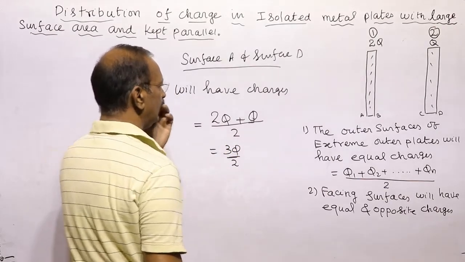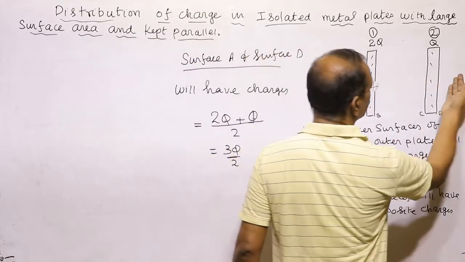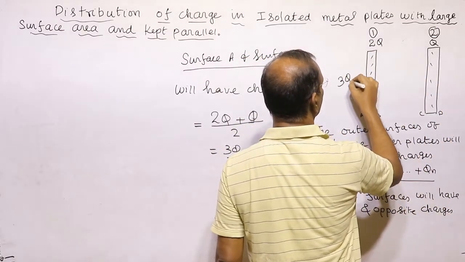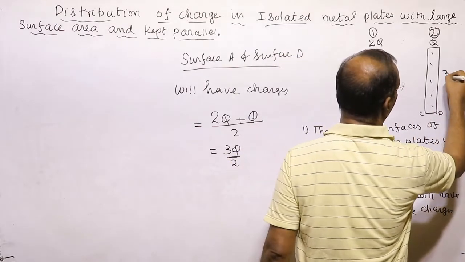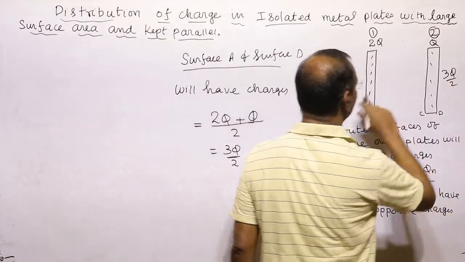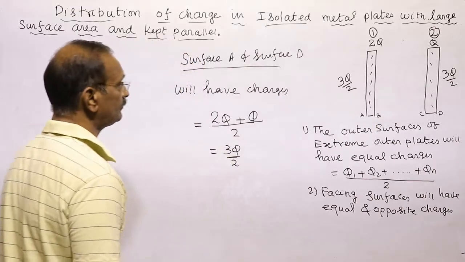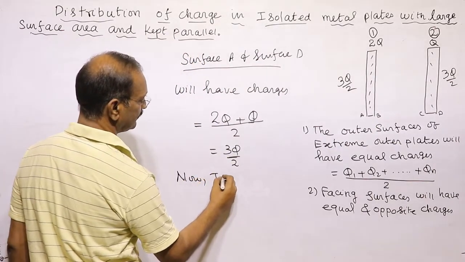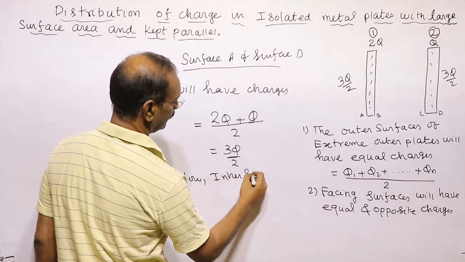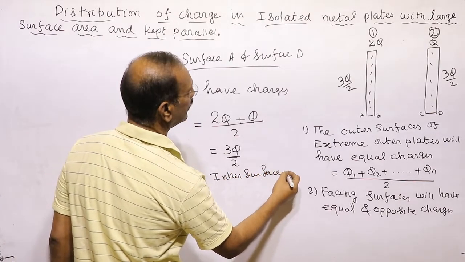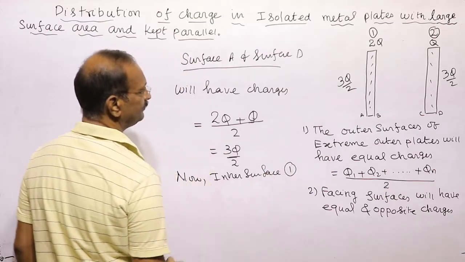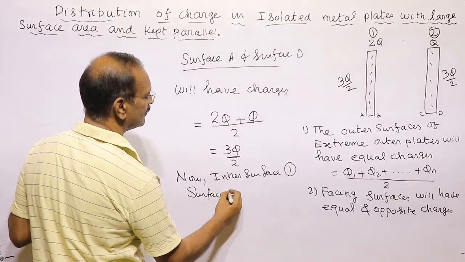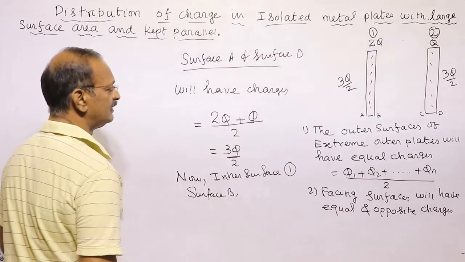This is the charge on the outer surface of the extreme plate. Both are extreme plates, outer surface. This will have 3q by 2 and this will also have 3q by 2. Both will have the same charges. Now, the inner surface of plate 1, that is surface B. How much charge will it have?